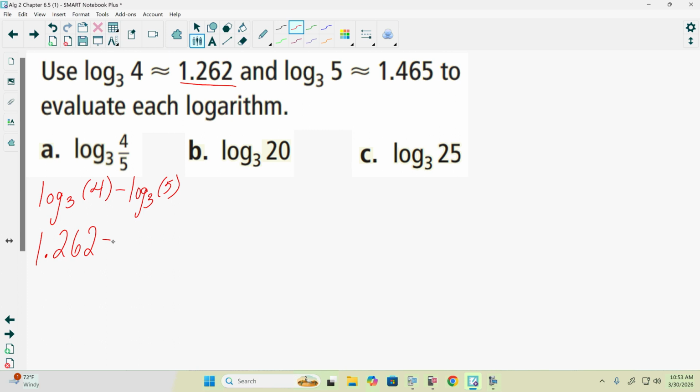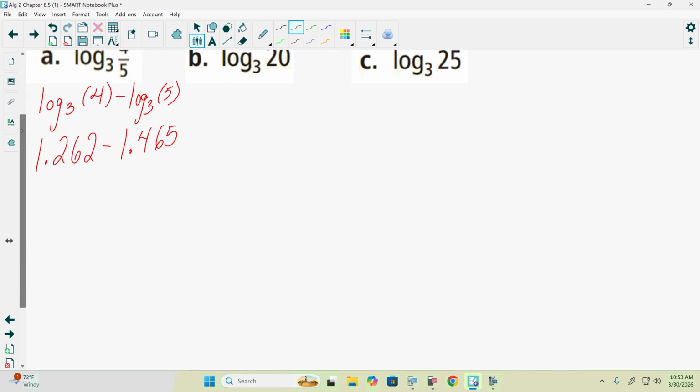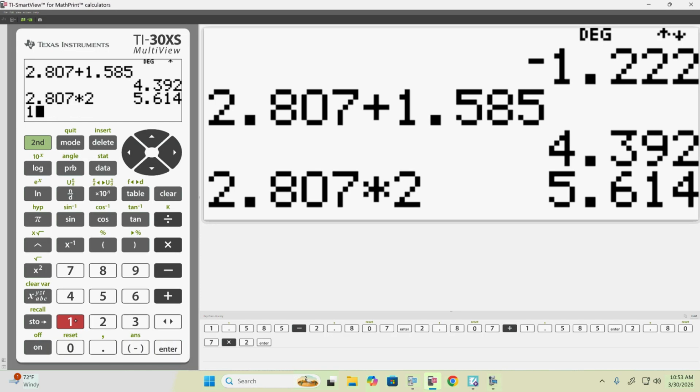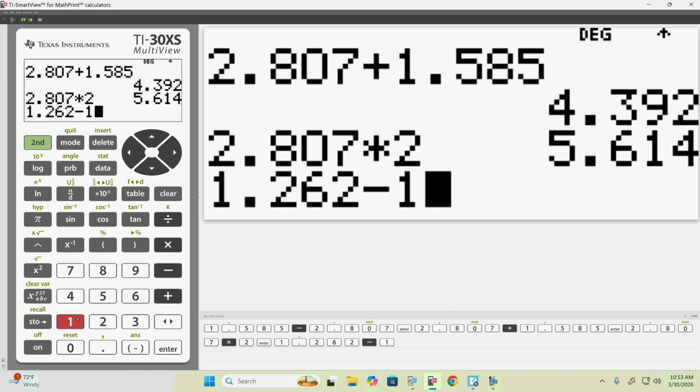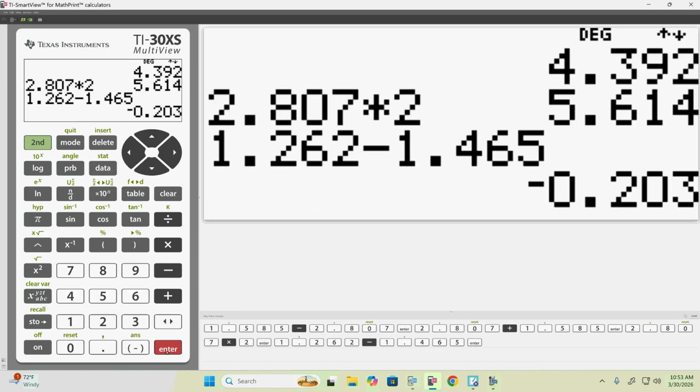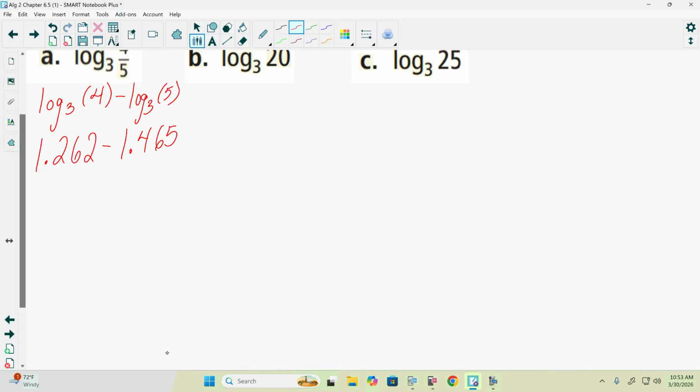And log base 3 of 5 is approximately 1.465. So now all we need to do is subtract these two, 1.262 from 1.465. Negative 0.203.